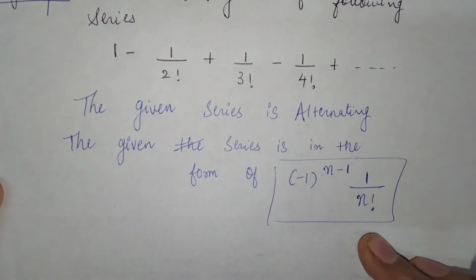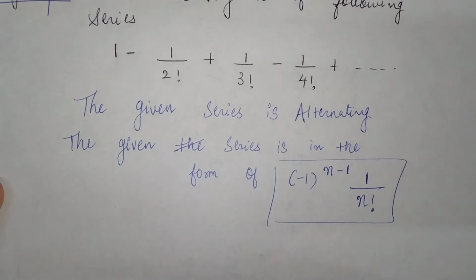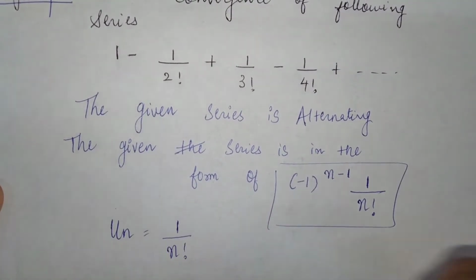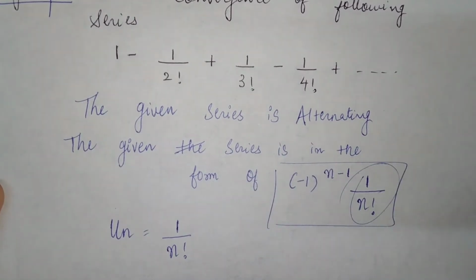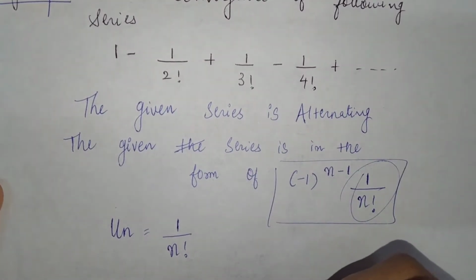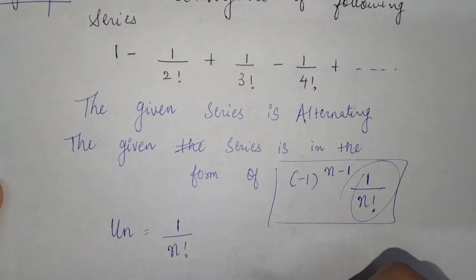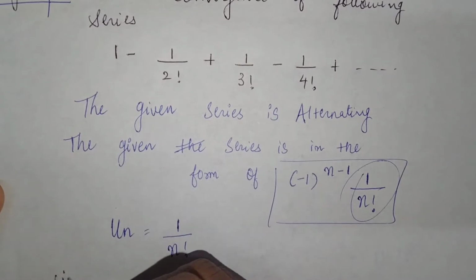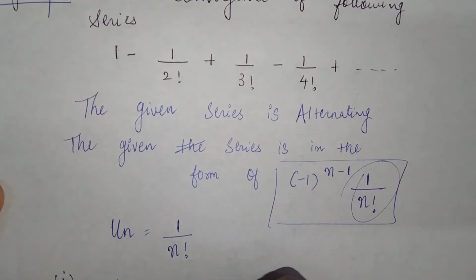After writing it into the standard form, you have to write un. un is 1 by n factorial. This is our un, and now we have to check the two conditions of the Leibniz test. The first condition was that un should be greater than un plus 1.